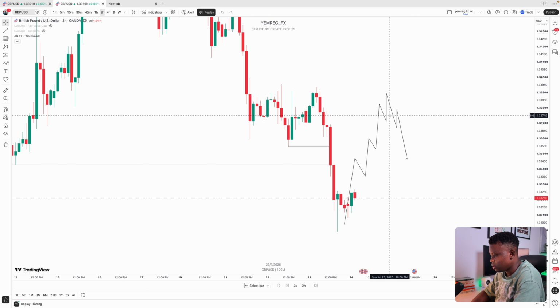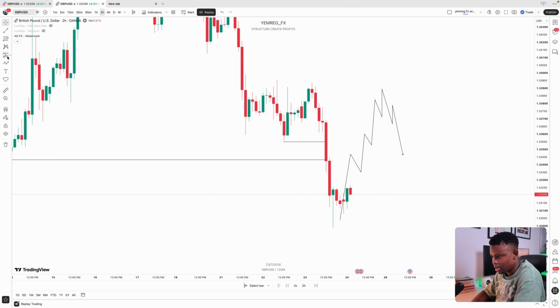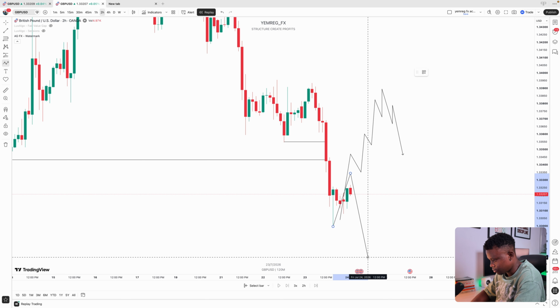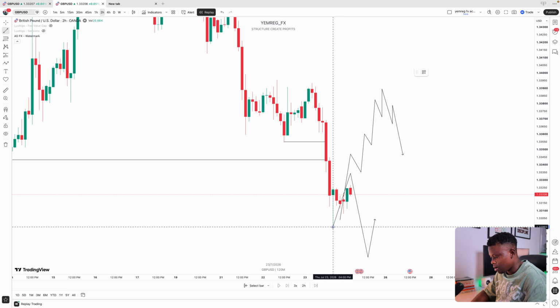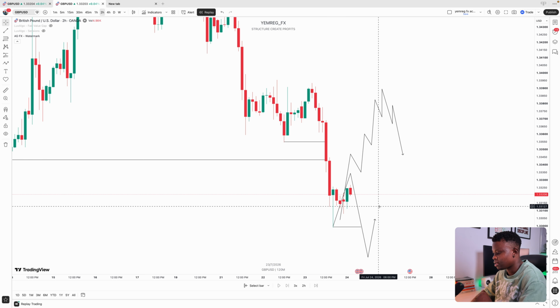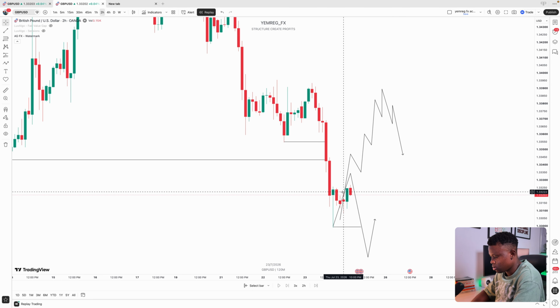So you can't just do anything yet. But if price creates a new high and comes down, then this place is going to be our break of structure, confirming that we are in trend continuation, that this trend is here to stay.